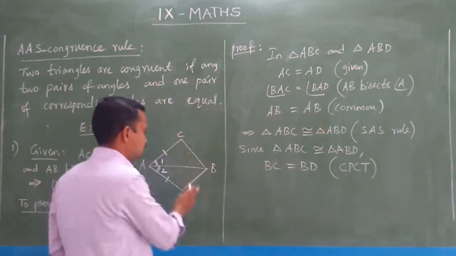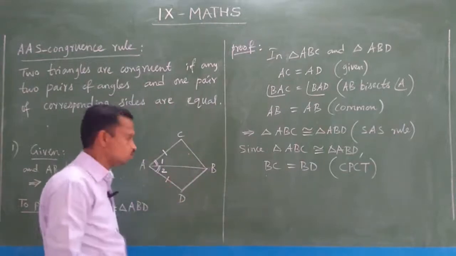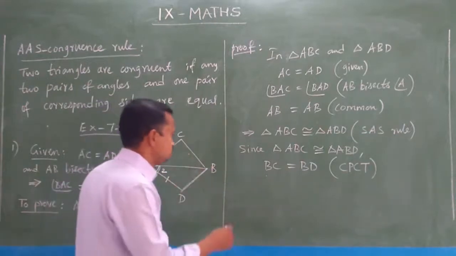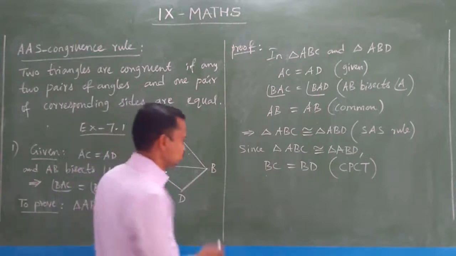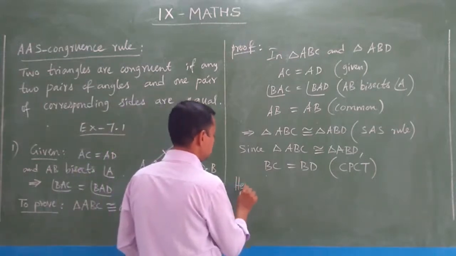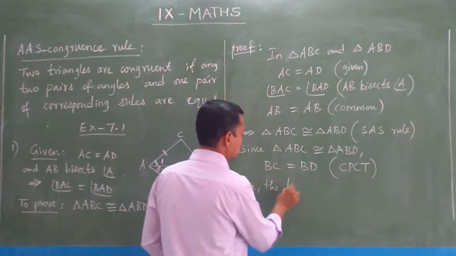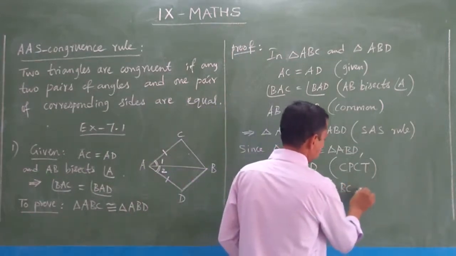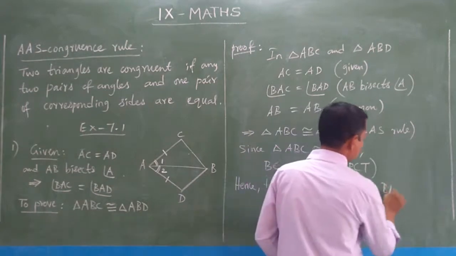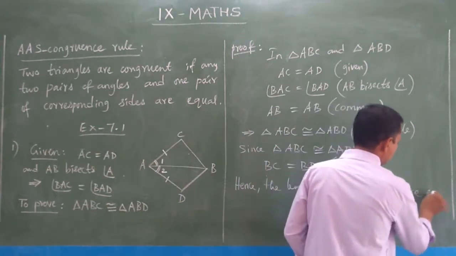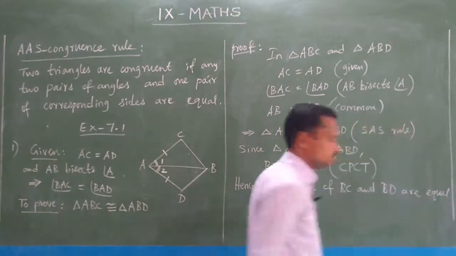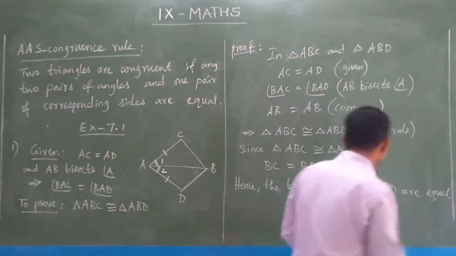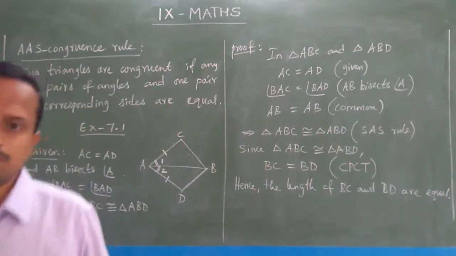The remaining parts of sides are also equal. So now we can say the lengths of BC and BD are equal. Hence, the lengths of BC and BD are equal. That is the conclusion about BC and BD. So that's the first question over.